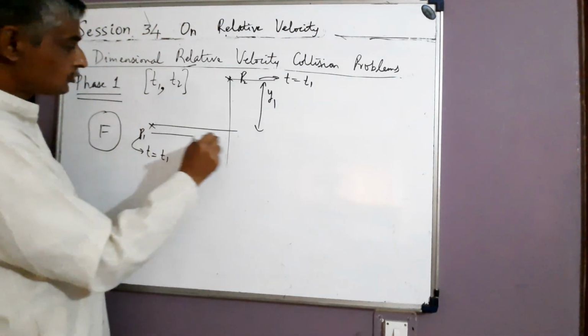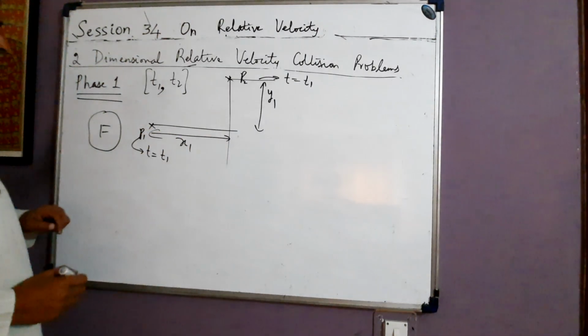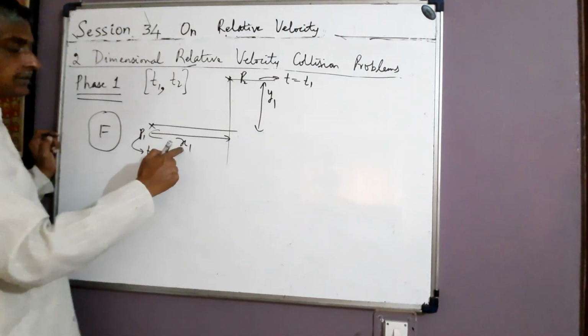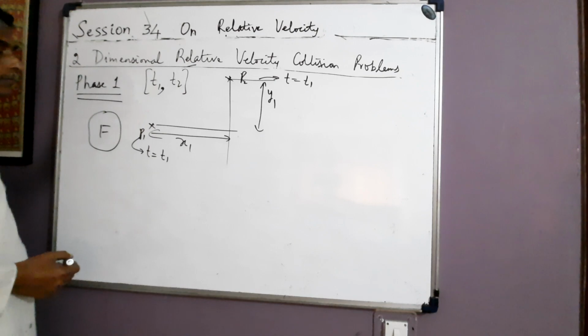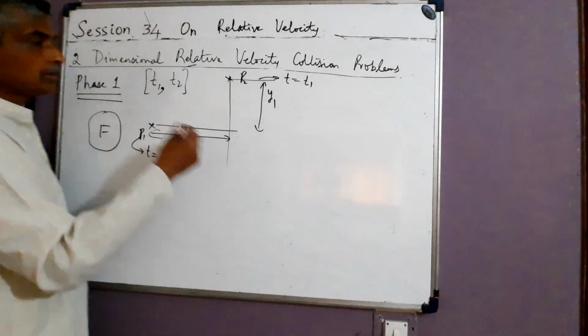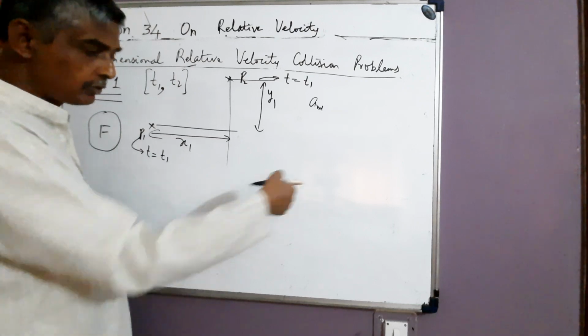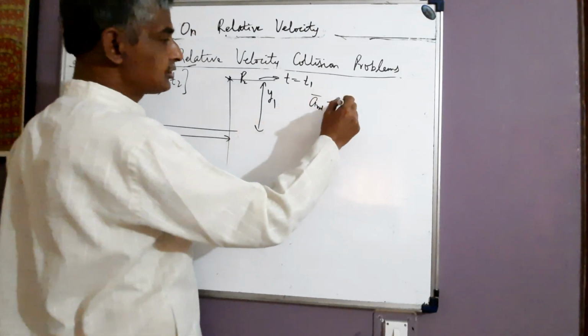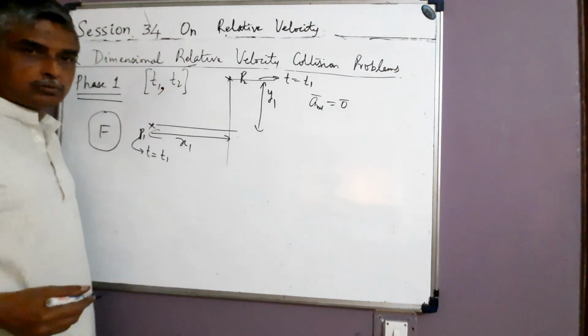Horizontal separation between these 2 points is x1. These are the vertical and horizontal separation between these 2 points at time t = t1. Also in this time interval a relative is 0 throughout, as I said just now before rubbing it, and they are colliding at t = t2.